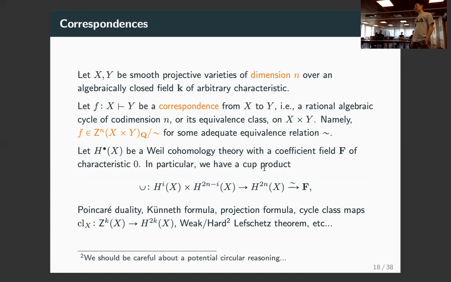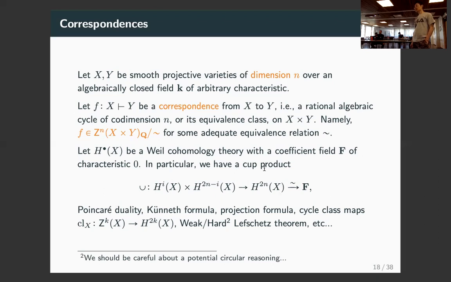So we also need to use this definition. This definition of correspondence may also be a certain equivalence class of this algebraic cycle. Namely, a correspondence is in Z^n of x times y with Q coefficients modulo a certain adequate equivalence relation. And we also always need to fix a Weil cohomology theory.